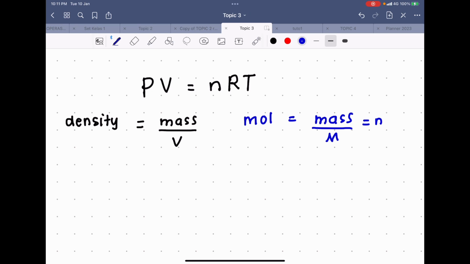Now we substitute mass over molar mass into PV equals nRT.